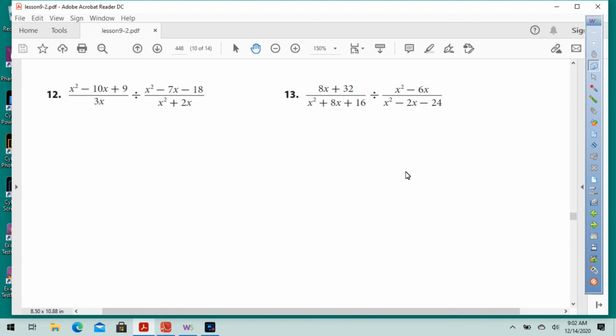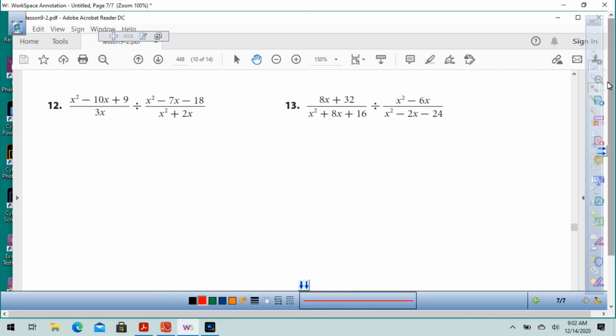All right. 12 and 13. That is going to be what I leave for you. Number 12 and number 13. Okay? And I'm going to give you the answer. The answer for 12 is going to be x minus 1 over 3, and x cannot equal negative 2, 0, and 9.